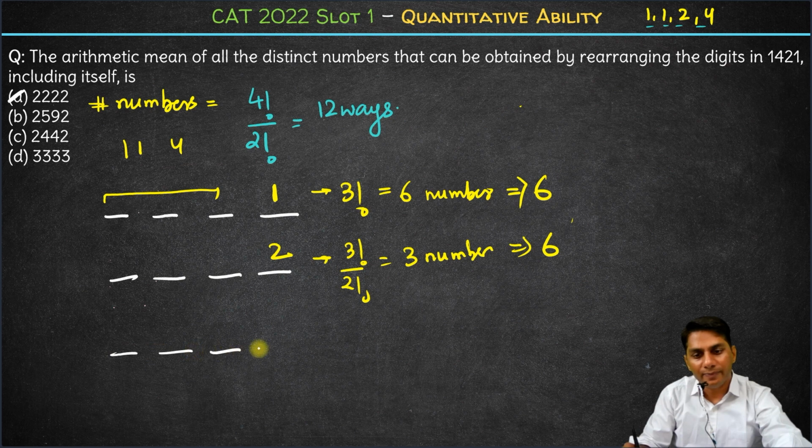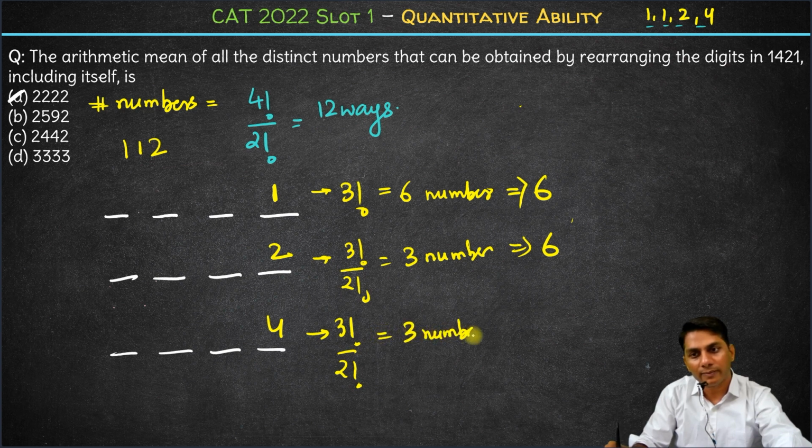So the sum will come out to be 6. And finally, if you have a 4 at the unit digit, so out of 1, 1, 2, 4, 1 is occupied here. Now how many numbers will be there? You have 3 remaining digits, out of which 2 are alike. So the number of numbers that can be formed now will be 3 factorial upon 2 factorial, which is 3 numbers.